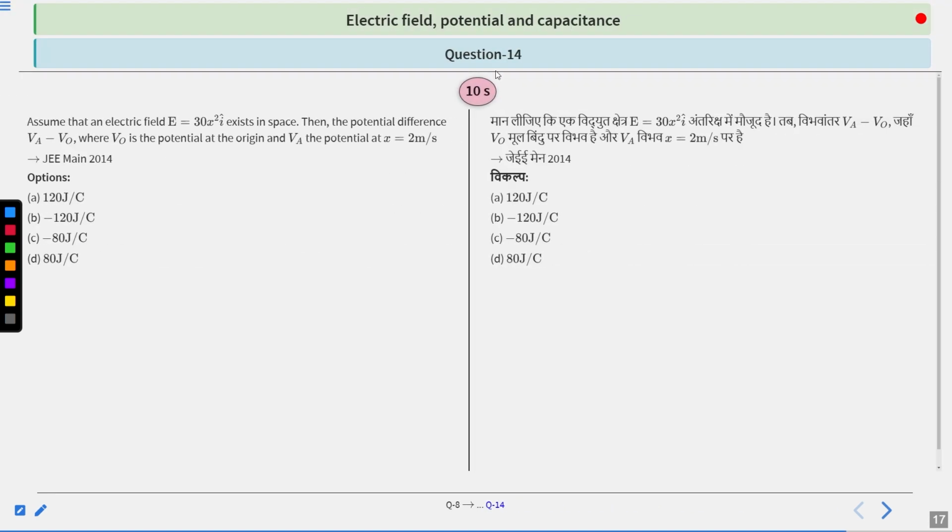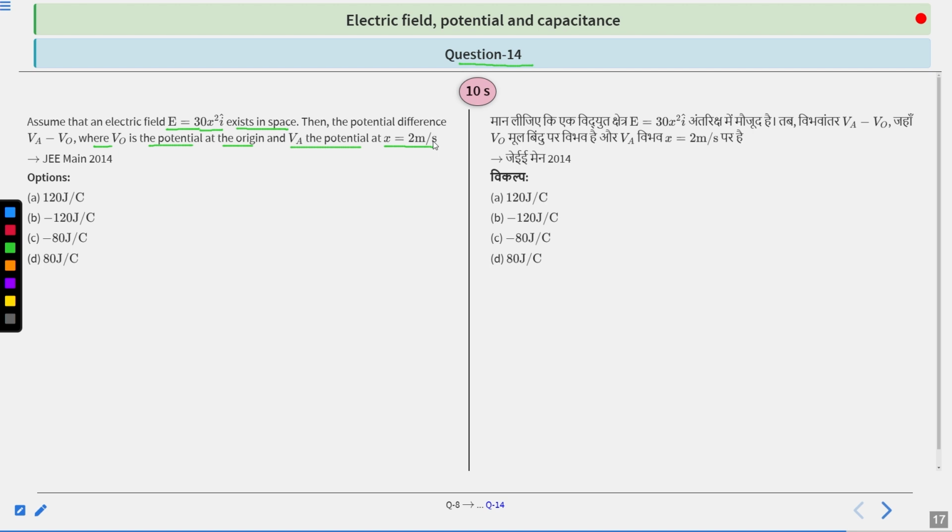Question 14. Assume that an electric field E is equal to 30x square i cap exists in space. Then the potential difference VA minus VO, where VO is the potential at the origin and VA is the potential at x is equal to 2 meter.